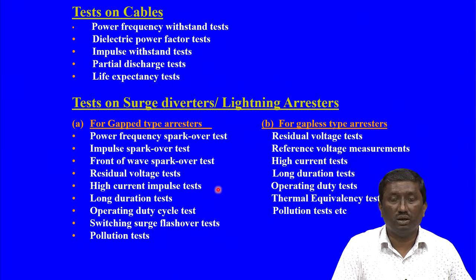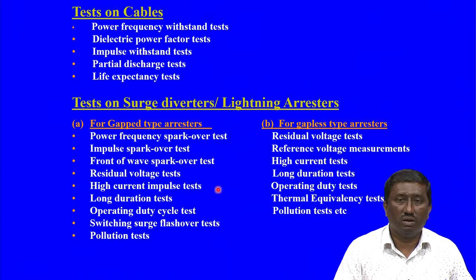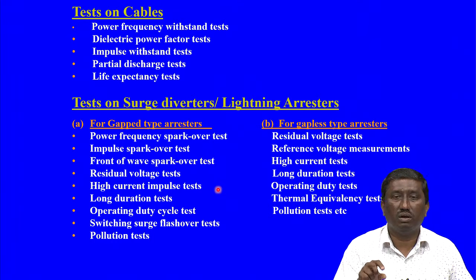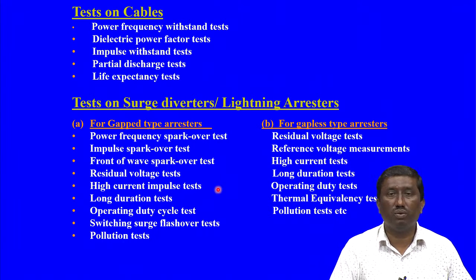During the conduction of the surge, because of natural lightning happening, with the conduction of currents of higher magnitude, the voltages developed which are higher than the normal operating voltages have to be diverted to the ground. During that process of the current being diverted, the voltage which is developed across the resistive element of the surge arrester is known as the residual voltage. So, that residual voltage has to be measured or tested.